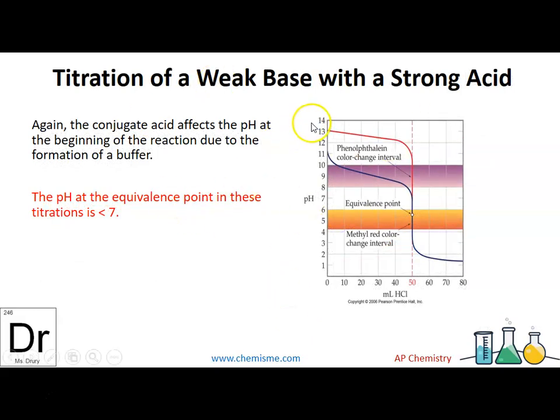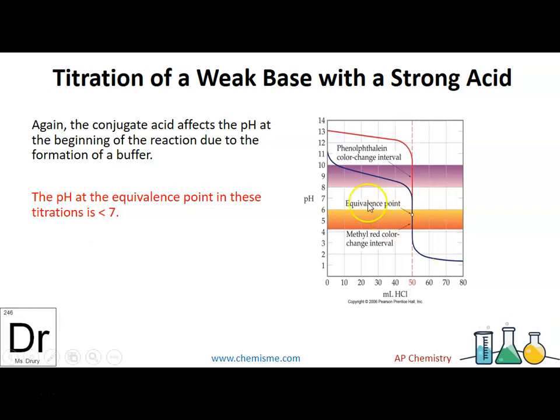Maybe we started with a weak base and a strong acid. So now you can see, again, the red represents what we used to have. A strong acid and strong base equivalence point was at 7. It looked pretty normal, nice and equal. But if we're doing this with a weak base, notice it starts lower. It has a slight bump to it. When you're starting to add the acids to that weak base, you have a weak base and a salt that you're forming as they react. The salt you're forming has the same ion the base had.